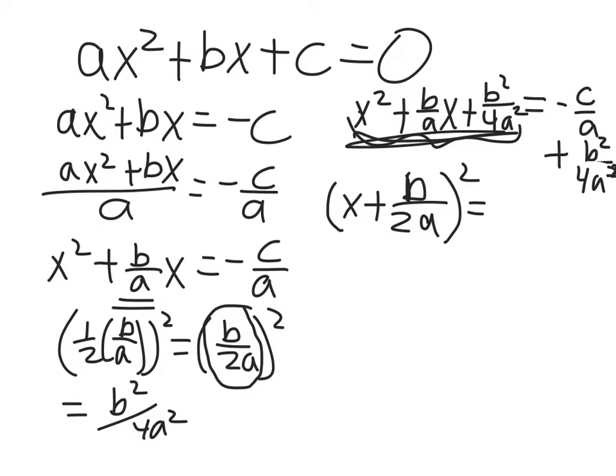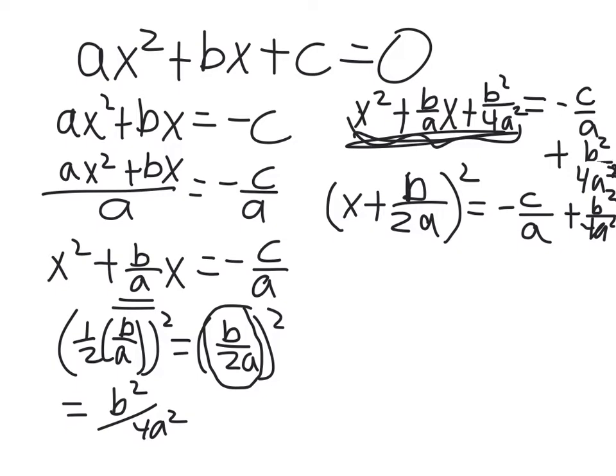Now the other side, we have negative c over a plus b squared over 4a squared, and that one, to fit the form of our quadratic formula, we're going to want to go ahead and combine as a single fraction.